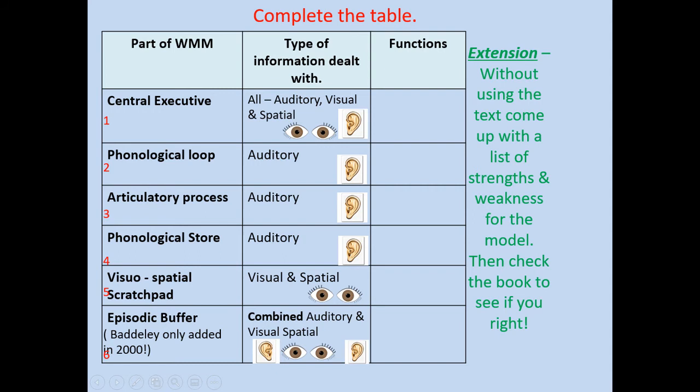So just have a look at that if you wish to try and break up your notes a little bit. Okay, so let's whiz through some of the criticisms. First of all, it does explain how we deal with different types of information. So that's a strength of the model. We also have that it suggests specific areas solve problems in the form of the central executive, and that was a problem in the short-term memory.